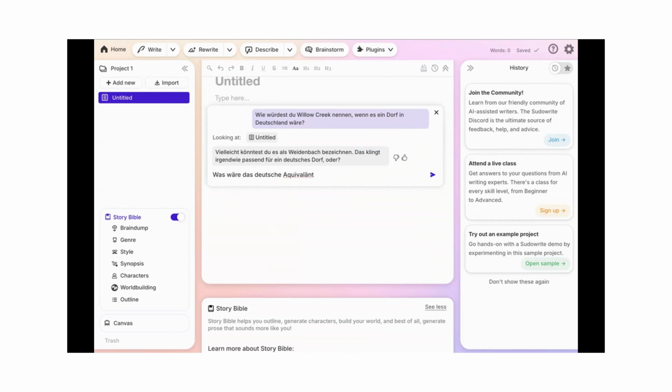I don't know how to write this word, maybe it's Äquivalent with the umlaut. Like this? We'll go with it. I'm sure it'll understand. The good thing about the AI is it also understands if it's not quite the right word.